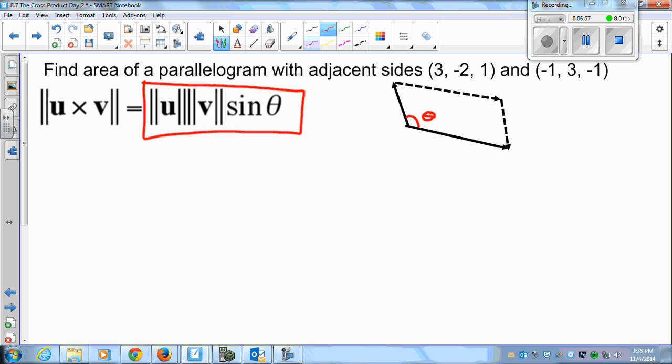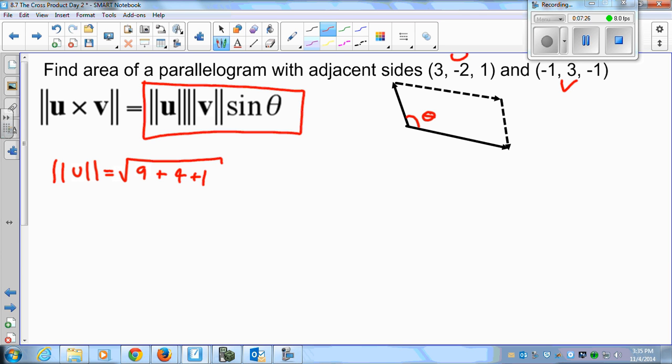So first I need to find the magnitude of u. Let's go ahead and call this u and call this v. So the magnitude of u is equal to the square root of 9 plus 4 plus 1, which is equal to the square root of 14.